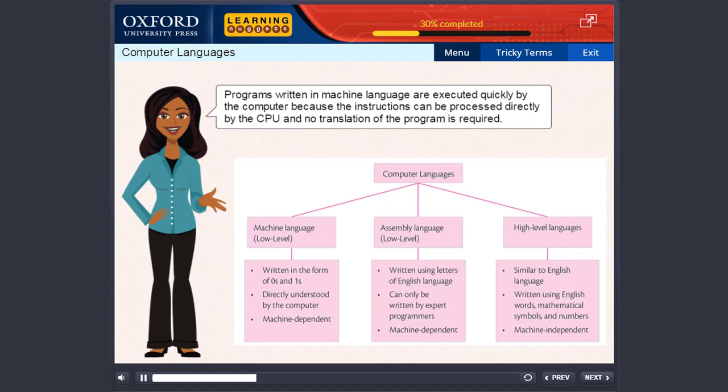Programs written in machine language are executed quickly by the computer because the instructions can be processed directly by the CPU, and no translation of the program is required. Because the internal design of computers can vary from each other, a program in machine language will be different for different computers. Therefore, machine language is machine-dependent.